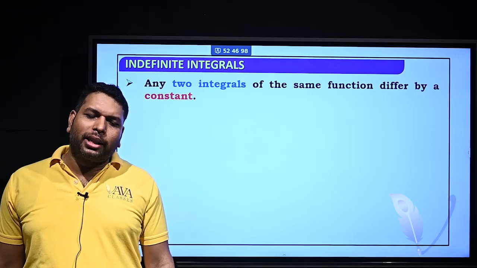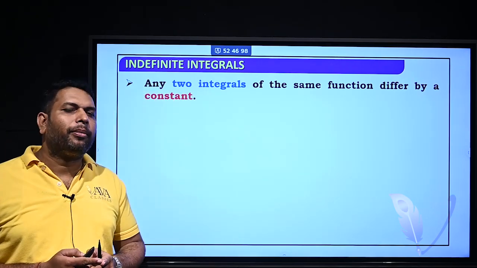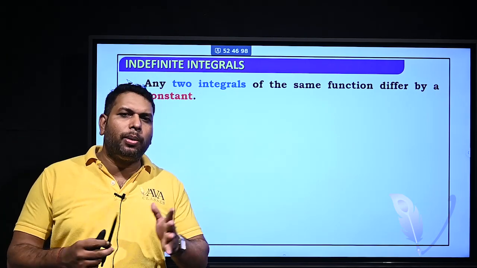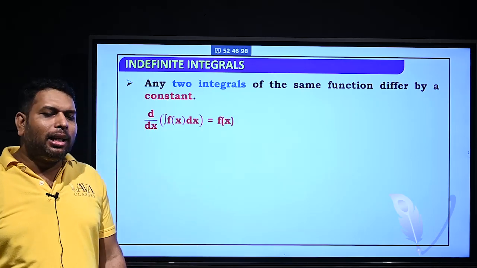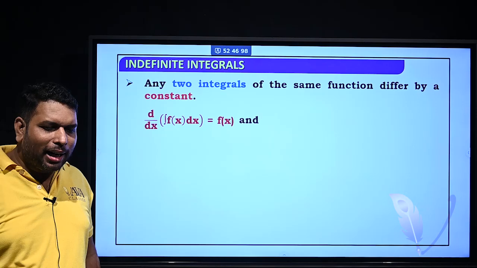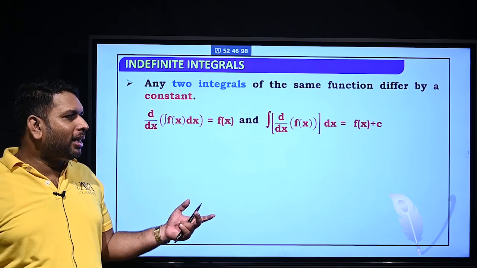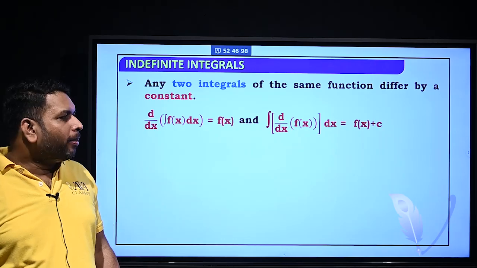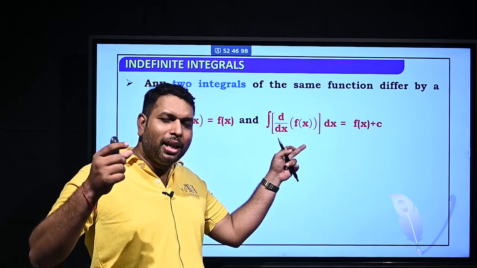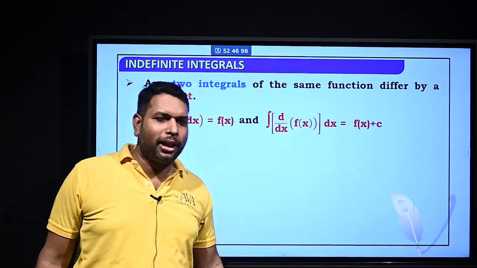Any two integrals of the same function differ by a constant. If you get two integrals of a function, then they should differ by a constant. d by dx of the integral of f(x) dx equals f(x), and the integral of the derivative of f(x) dx equals f(x) plus c, because the derivative and integration cancel, giving f(x), but a constant term is added, because integration always gives a constant.